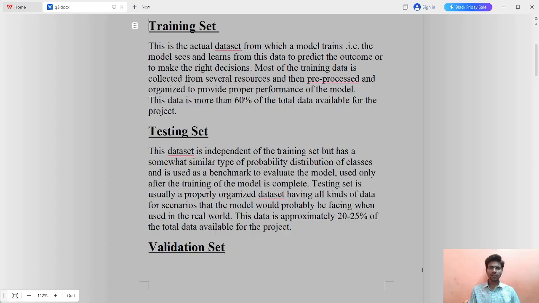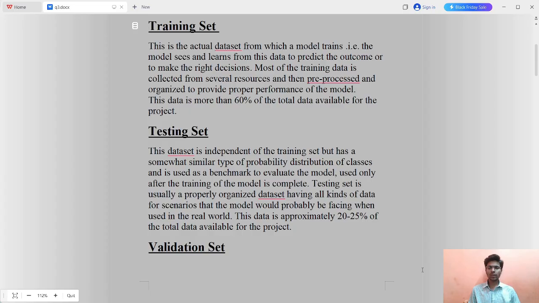Testing sets. This dataset is independent of the training set but has a somewhat similar type of probability distribution of the classes and is used as a benchmark to evaluate the model. Used only after the training of the model is complete.